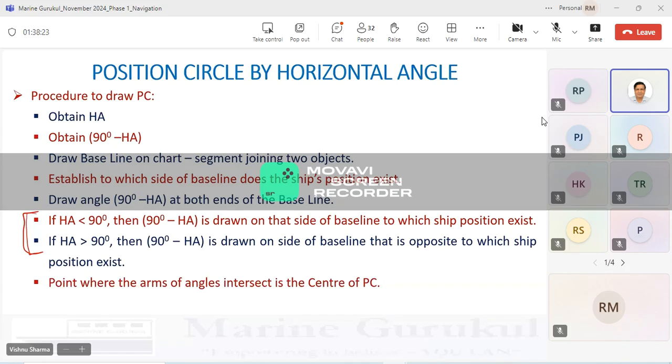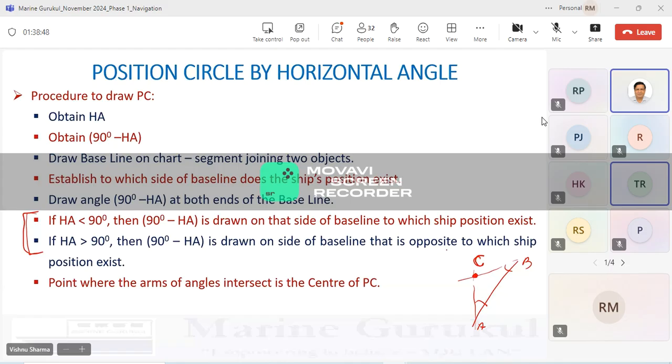Now, the point where these two angle arms will intersect. So if this was the baseline AB, and I have drawn these angles here, where they intersect will be the center of the circle that I need to draw. So the point of intersection will be the center of the circle.